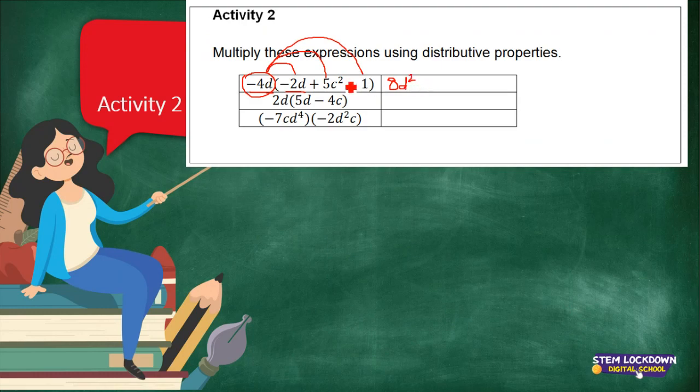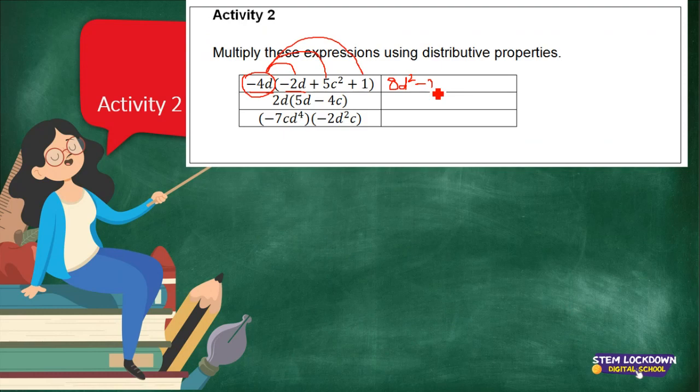So far so good. Then the next one, don't write the sign as yet, because you need to determine the sign. What is negative times positive? Negative times positive is negative. What is 4 times 5? 5, 10, 15, 20.